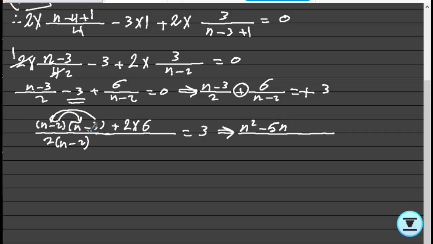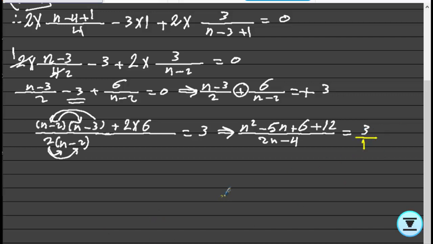Okay, negative 2 multiply negative 3, it is positive 6, plus 2 multiply 6, it is 12, all over 2n minus 4. 2 multiply n equals 2n. 2 multiply negative 2, it is negative 4, all equals 3. Put 3 over 1 here.